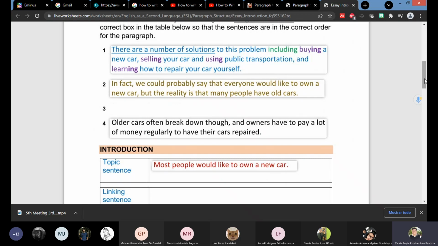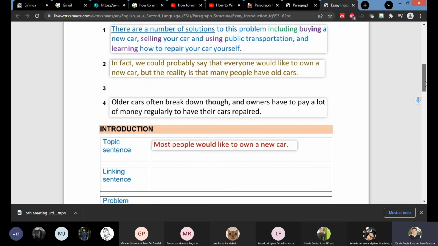Now, what could be the linking sentences? The linking sentence is like the next sentence that is going to expand the idea of owning a new car. The second sentence.